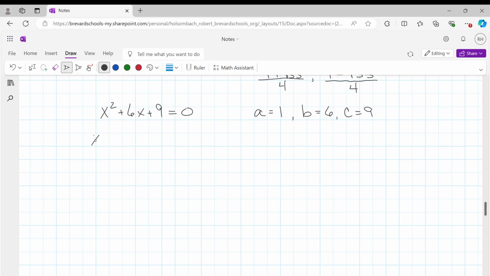So our x is equal to the opposite of b, so negative 6 plus or minus big radical, and then we're going to go b squared, so 6 squared minus 4 times a, which is 1, times c, which is 9, all divided by 2 times a, which is 2 times 1.